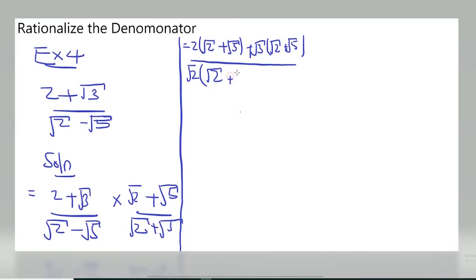I'm trying to shorten because I've already showed you how we arrange them. Okay, then minus 5 times the whole thing, going to have root 5, okay, times 2 in the bracket, root 2 plus root 5.